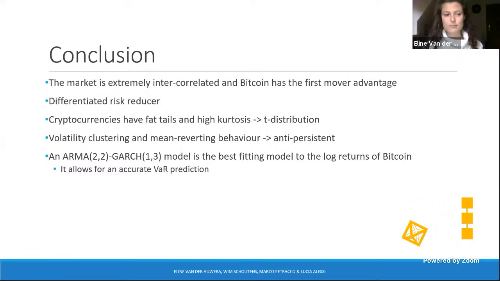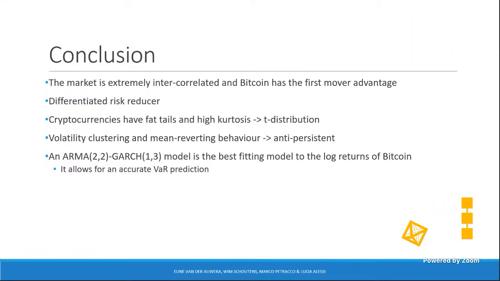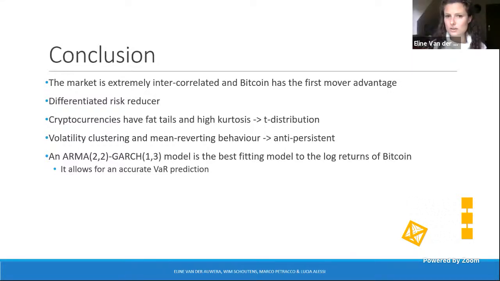Now I will go over everything that I have talked about in the last 15, 10, 20, I don't know, minutes. The market of cryptocurrencies is extremely correlated, and Bitcoin and somewhat Ethereum have a leading position because other cryptocurrencies are bought using these 2 coins.